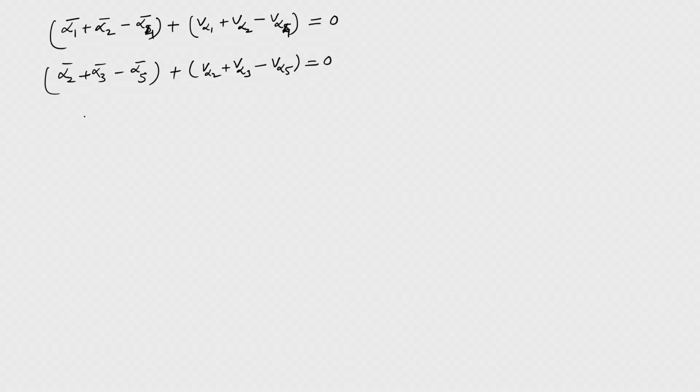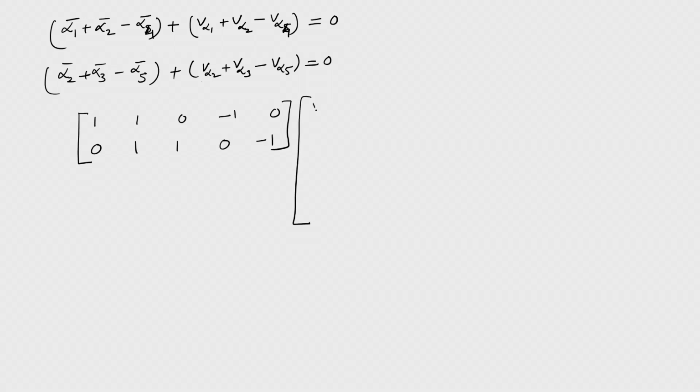I can write this in a matrix form. The first one I am writing 1, 1, and then we do not have alpha 3 here, so I will put 0 here. I have alpha 4 here, then no alpha 5. So this is the matrix here. In the second equation, no alpha 1, alpha 2 is 1, alpha 3 is 1, here 0 and minus 1.